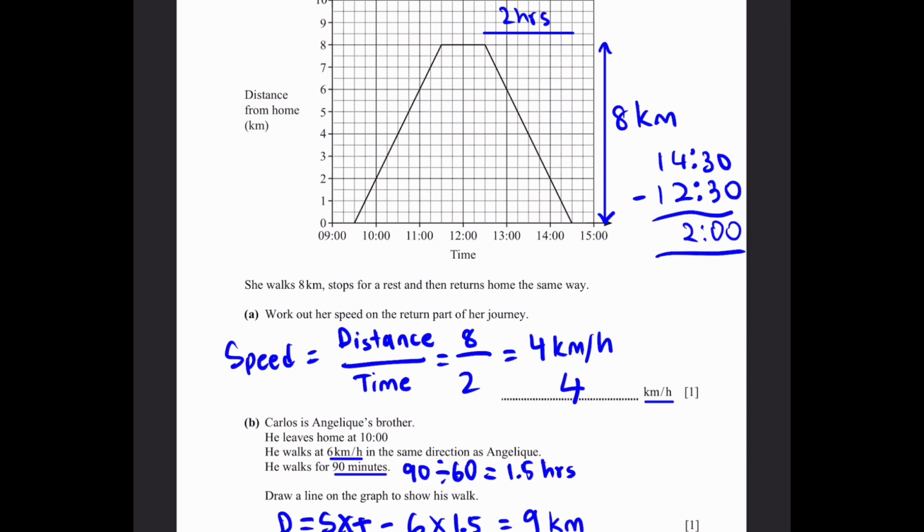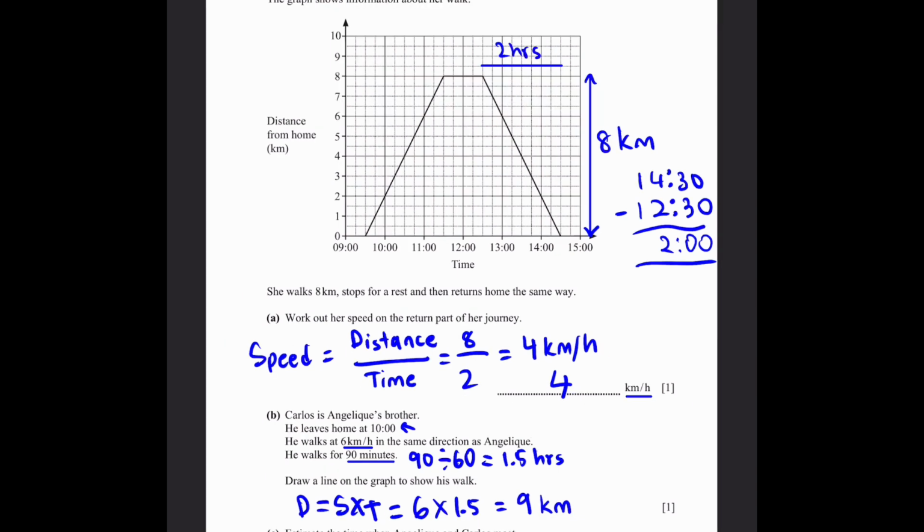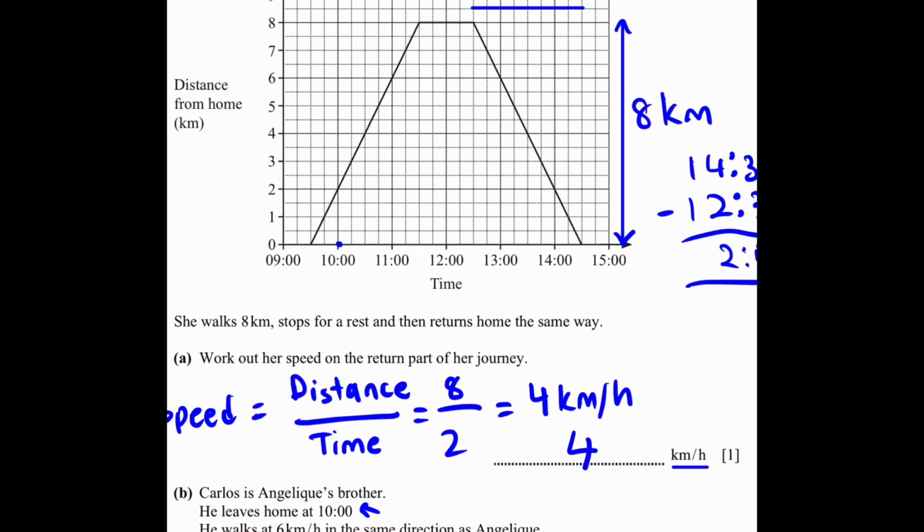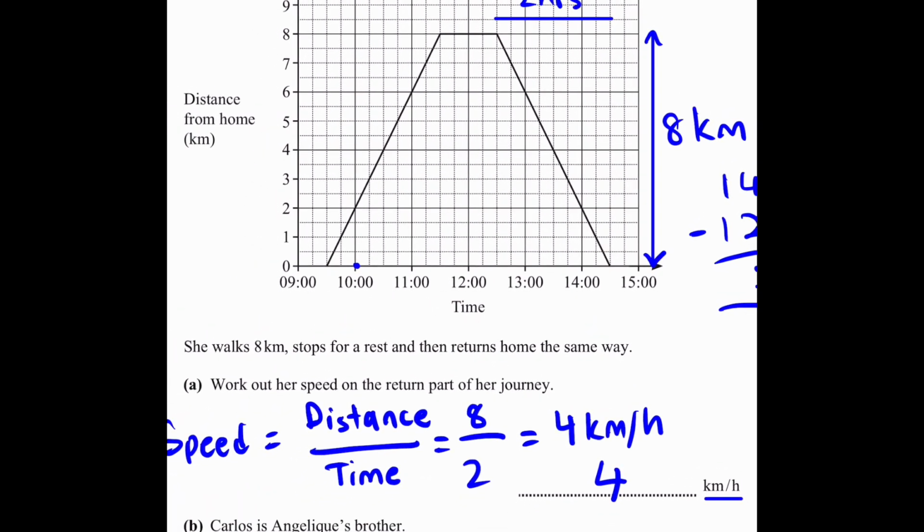In how much time? 90 minutes or 1.5 hours from 10 o'clock. So he starts at 10 o'clock and then walks 9 kilometers in 90 minutes.